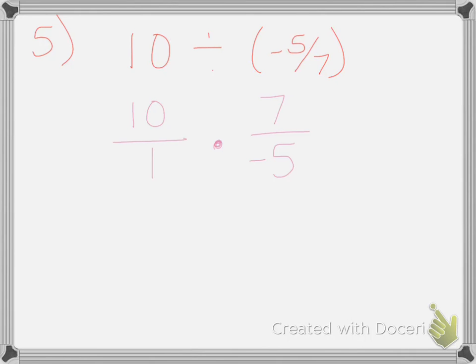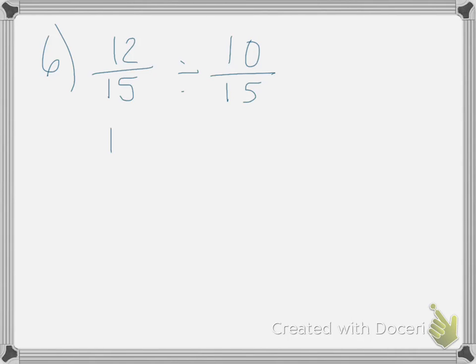So between 1 and 7, there's no numbers in common, but between 10 and negative 5, 5 goes into both of those. So 5 will go into 10 twice, it'll go into negative 5 one time. So we'd have 2 times 7, which is 14, over negative 1. And anything divided by a negative 1 is just going to turn the answer negative, so this will be negative 14.